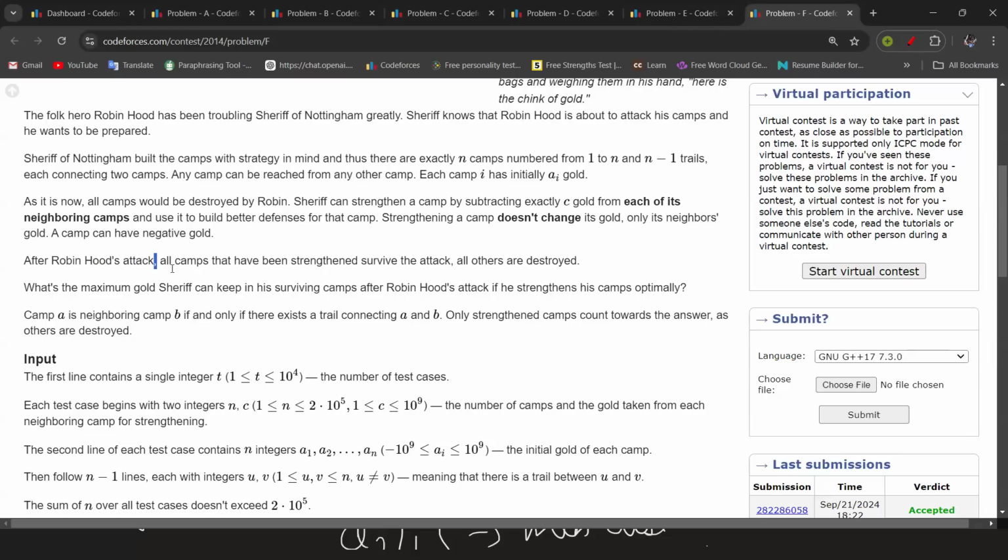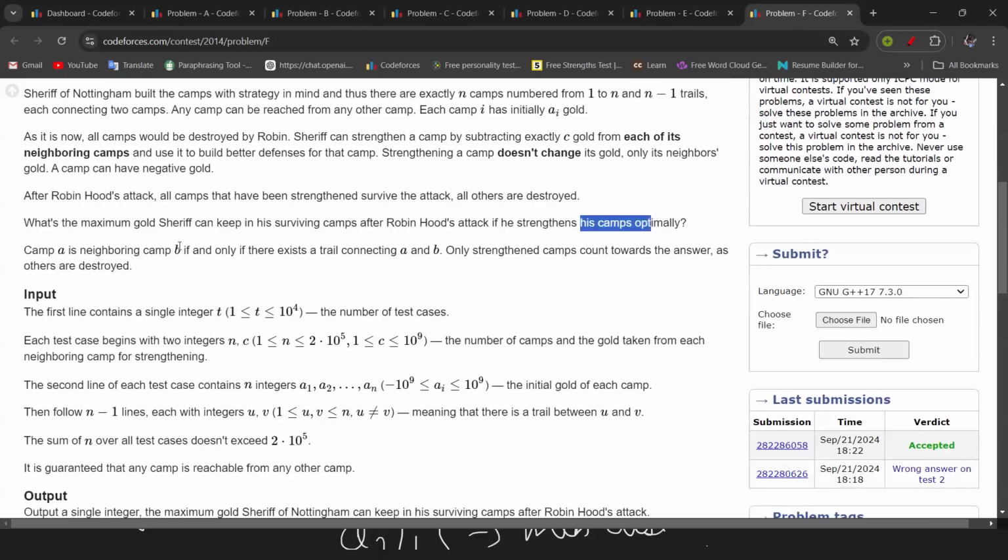After Robin Hood's attack, all camps that have been strengthened survive the attack. All other camps are destroyed. Okay. Now, after the attack, all those camps that were strengthened would survive, and all the other camps would be destroyed. What's the maximum gold Sheriff can keep in his surviving camps after Robin Hood's attack if he strengthens his camps optimally?